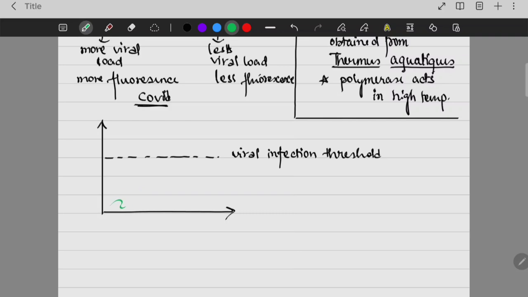We are doing the cycles and cycles, and the fluorescence amount is increasing somewhat like this. This is viral load and cycles. Suddenly we see here there is a spurt in the growth of the viral load. That means the viral infection is present after crossing the threshold level. So in this way we can check whether there is viral load present or not, or whether viral infection is present or not. This graph is made with the help of a fluorometer.